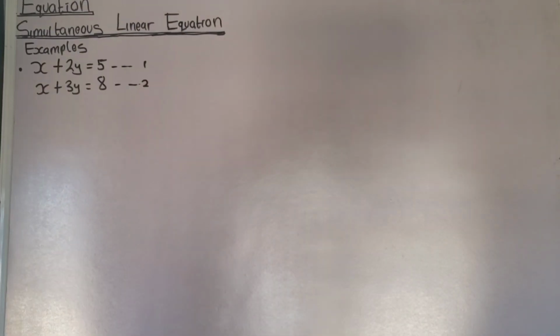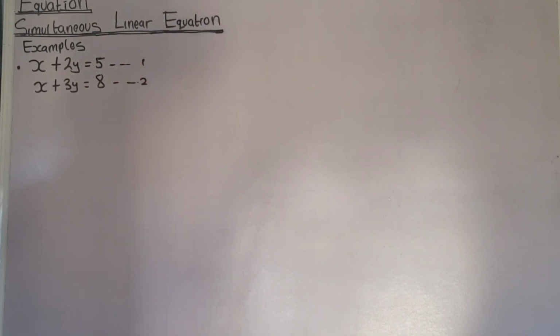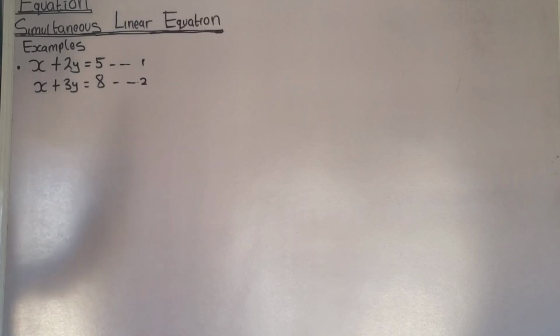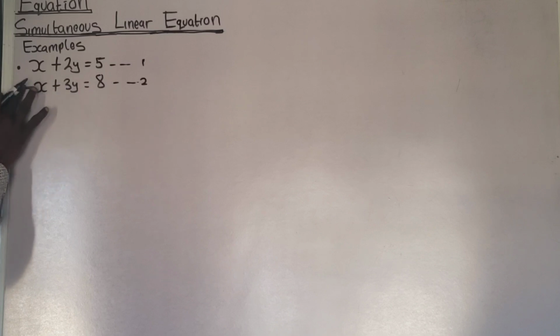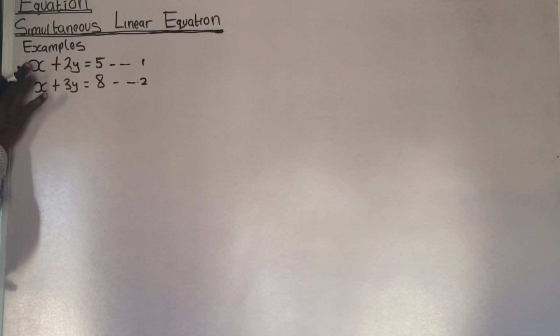The reason I'm subtracting in this case is because the unknowns that I want to eliminate are both positive. Assuming that this x is positive and this x is negative, I would add. Because I have positive x here, I'm going to subtract this equation from this equation.